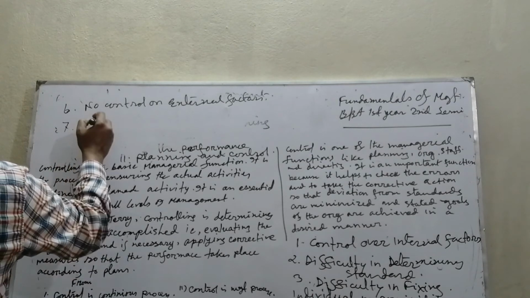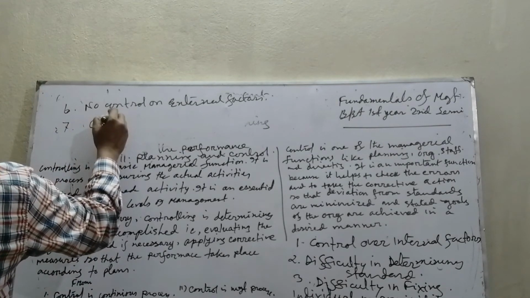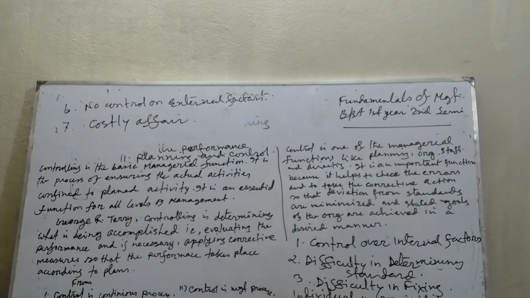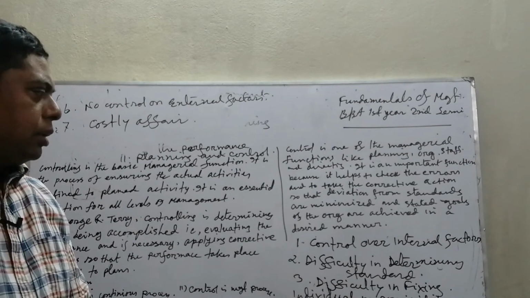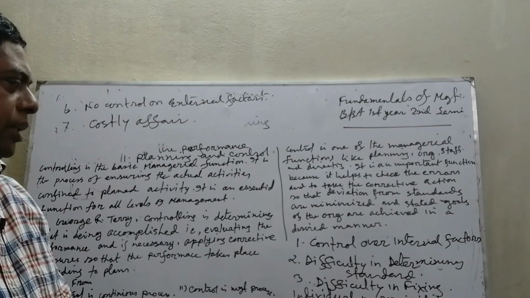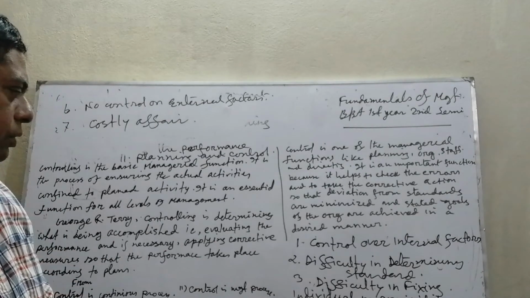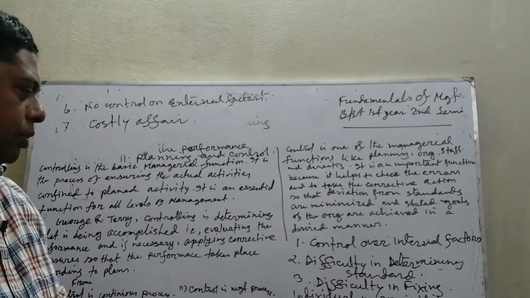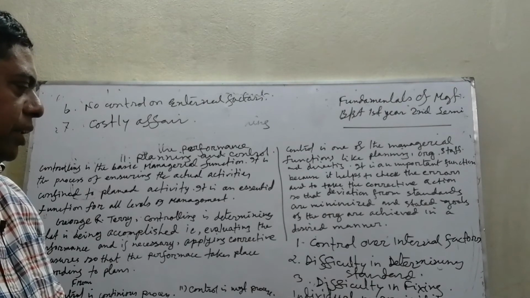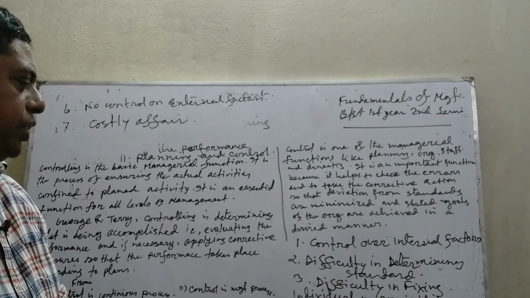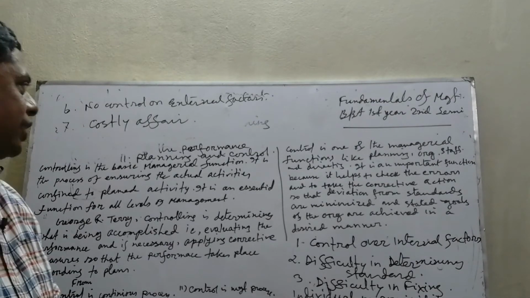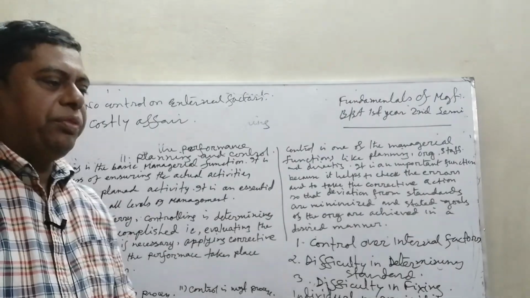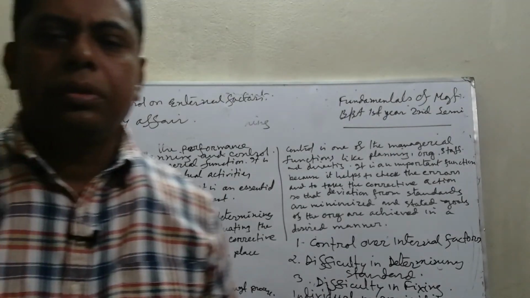And the last one, costly affairs. That is the limitation of control: control over internal factors, difficulty in determining standards, difficulty in fixing individual responsibility, expensive process, difficulty in setting quantitative standards, no control on external factors, and the last, costly affairs.